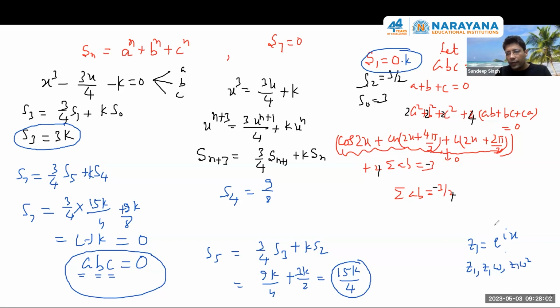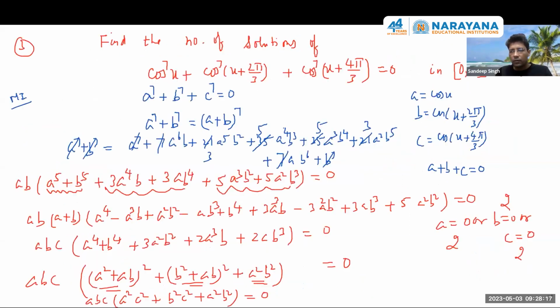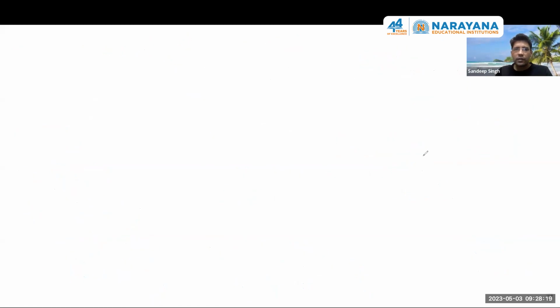So what do we already know? That their sum is obviously 0. Z1 times (1 plus omega plus omega square) is 0. And what is being asked in the problem? Can you tell me the real part of what? Just a moment. Basically, the first term is cos power 7 x, then cos power 7 of (x plus 2 pi by 3).